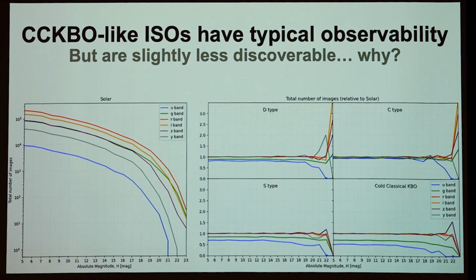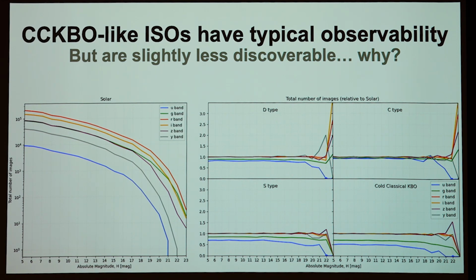But what you can see is for cold classicals, the ratio of U and G band images to solar is much, much less compared to every other type of ISO. So they're not getting enough G and U images.